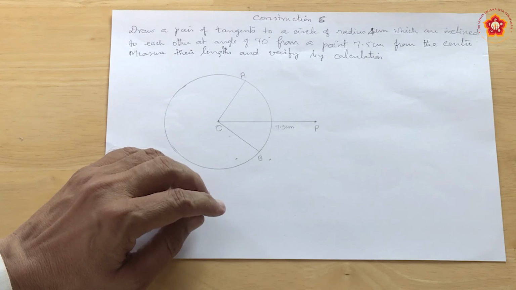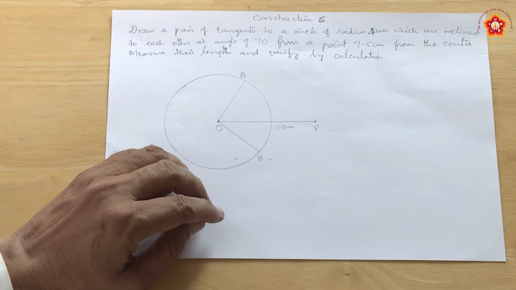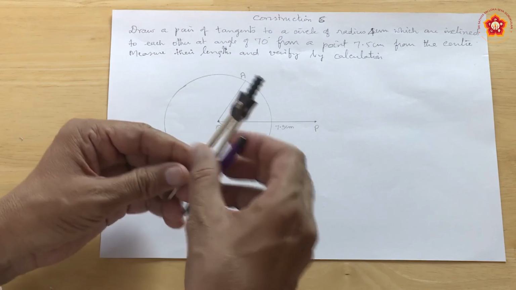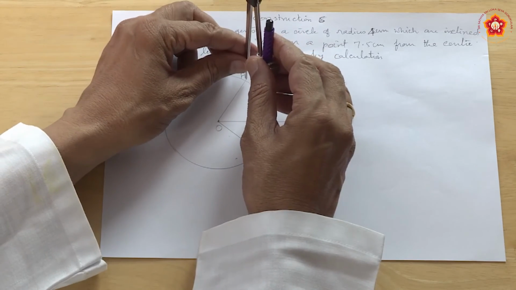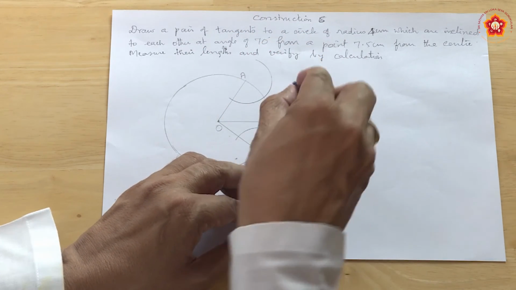Now, you have to draw perpendiculars at A and B. Same radius you must take from B also.